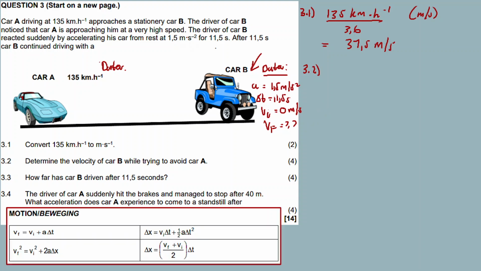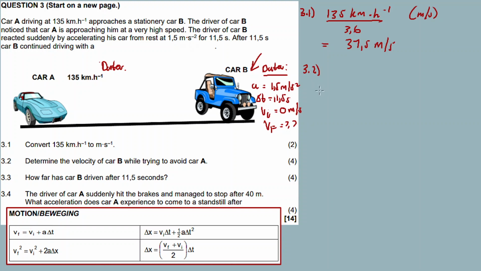Then you go and consult the equations of motion. Equations 1, 2, 3, 4 are on the formula sheet. We want a formula with these quantities: acceleration, time, initial velocity, final velocity. Let's look at equation 1: we have final velocity, check, initial velocity, check, acceleration, check, delta t, check. So you use equation 1.